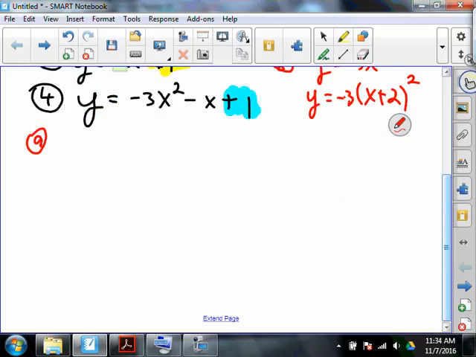Moving right along, question number 9. Keep in mind this one's 20 questions. You're going to be given something in a form that we really didn't talk much about, but hopefully you'll understand what this form is. On that one, what you should notice is the x-intercept is negative 2, twice, actually.